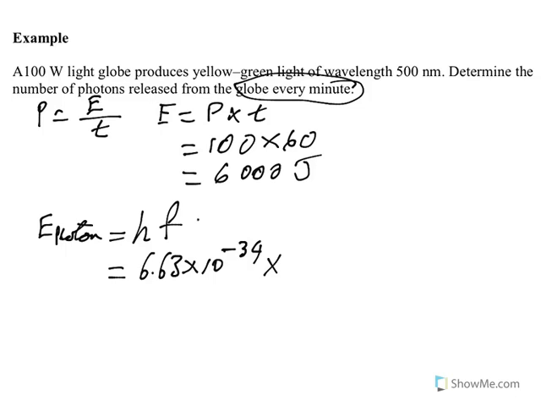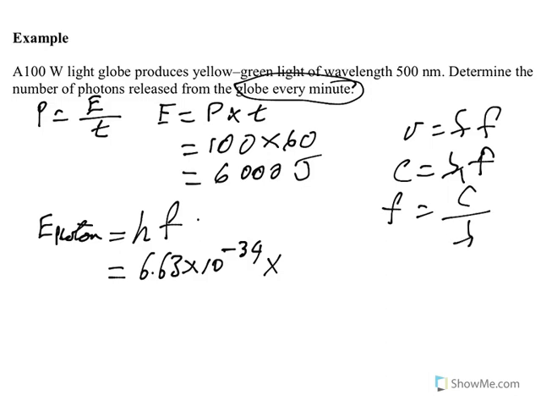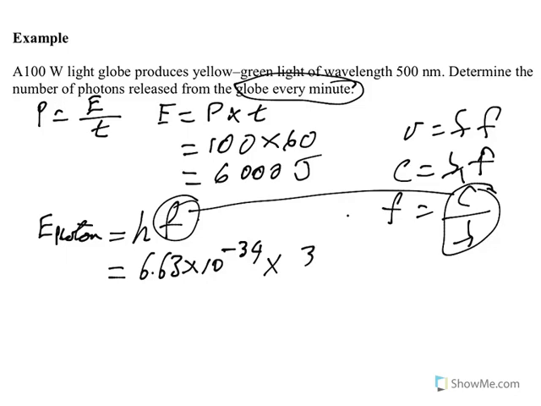Before I got to that, I should have said that c equals lambda f, or v equals lambda f, the wave equation. So the frequency is c over lambda. I'm going to use this instead of f. So 3 by 10 to the 8 over 500 nanometers, 500 by 10 to the minus 9.